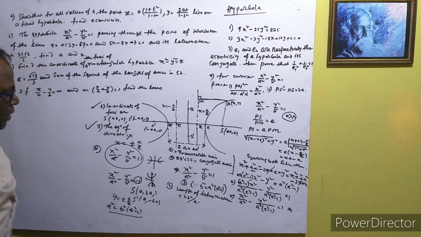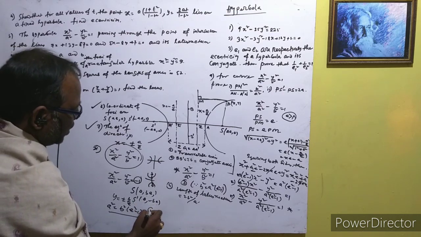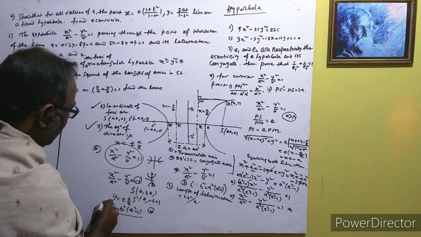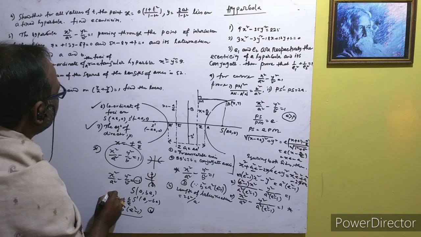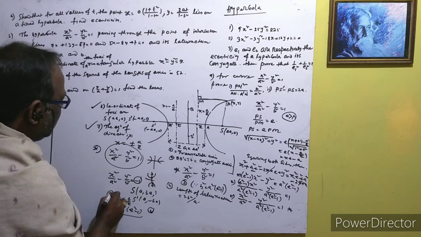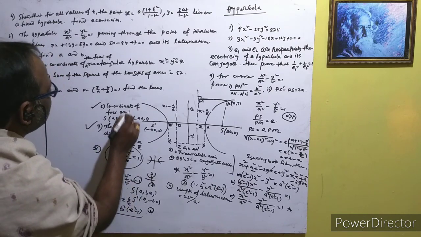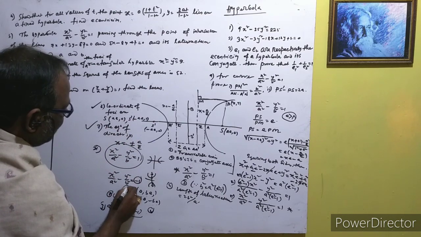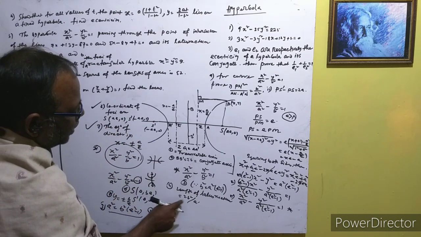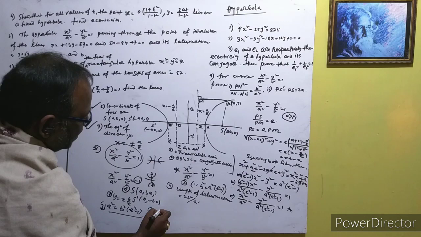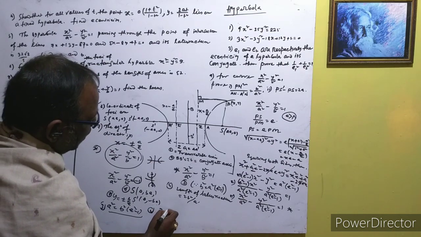And the length of latus rectum is 2a square by b.